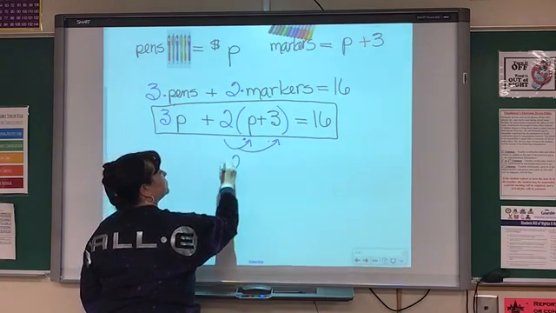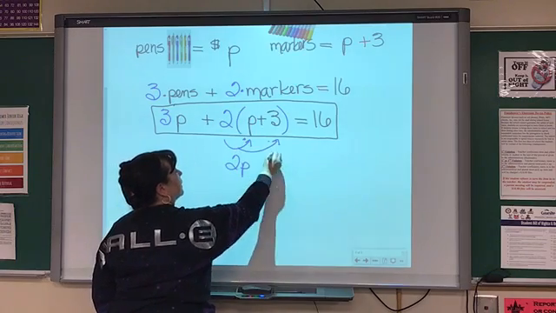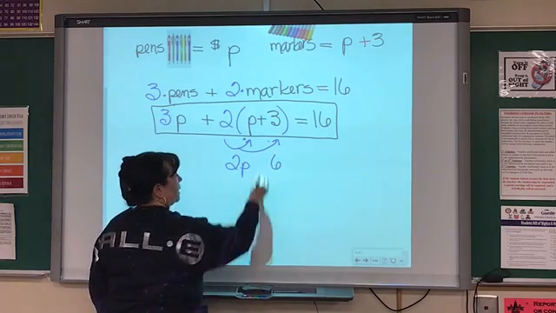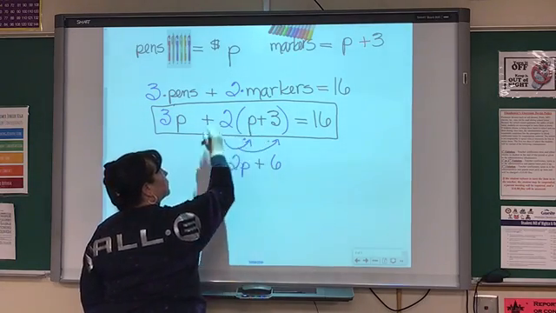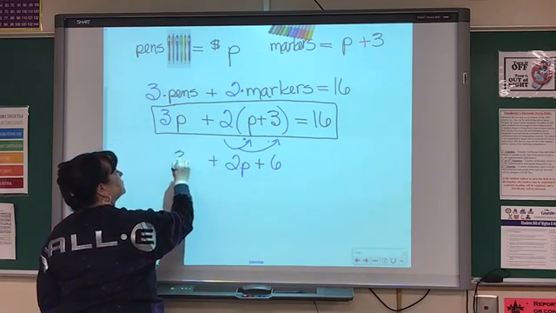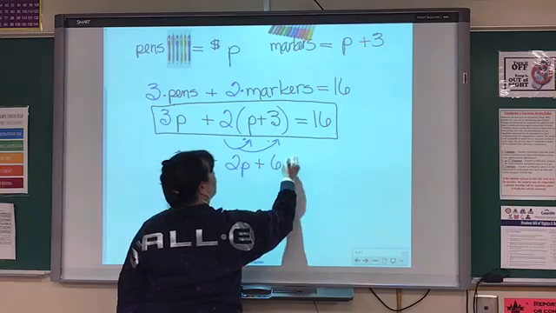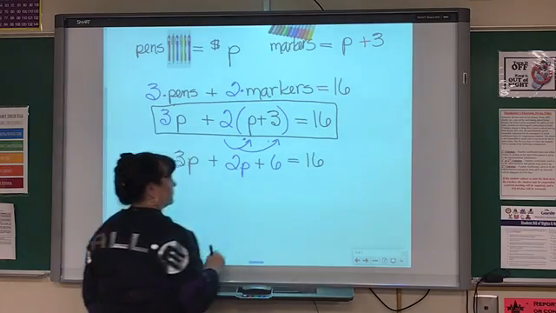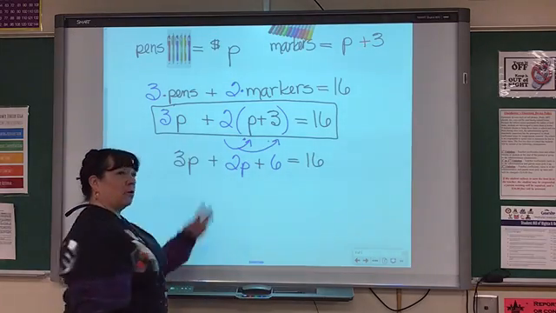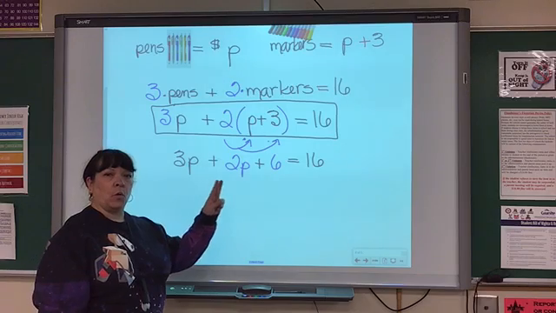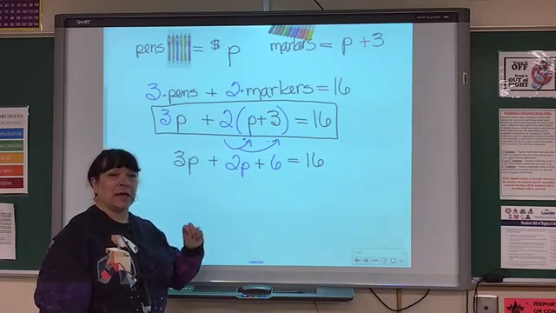That means I have 2p and I have 6, and they're adding together. Those are also being added on to my 3p equals 16. Now I look at that and go, oh, I've got 3 things, but 2 of them are alike.